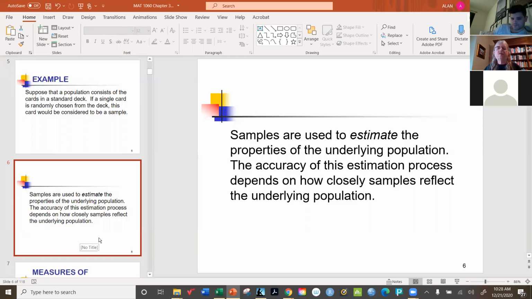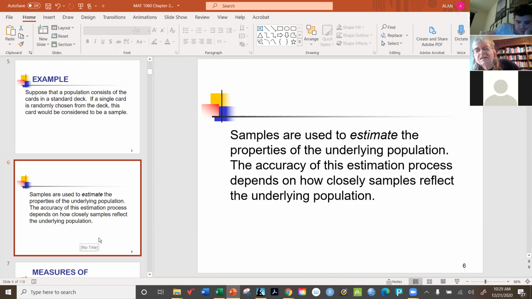Now, the properties of the samples that we're choosing are used to estimate the properties of the underlying population. The accuracy of this process, of course, depends on how closely the samples reflect the underlying population. So let's say, for example, the US government decides to use a sample to estimate the age of the entire country.